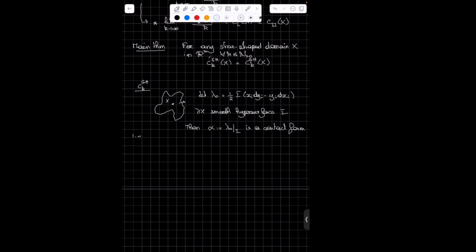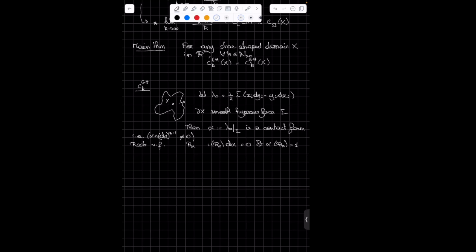I mean by that alpha wedge d alpha to the n-1 is never vanishing. And in this situation, we have the Reeb vector field R alpha, which is defined by the contraction of d alpha by this vector field being 0 and alpha of R alpha being equal to 1.